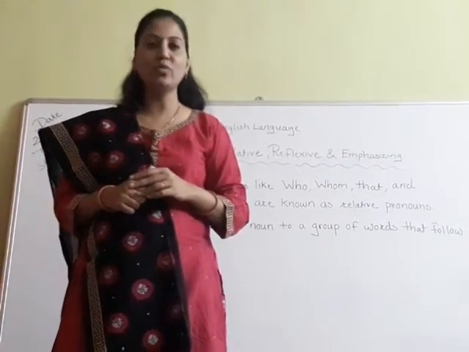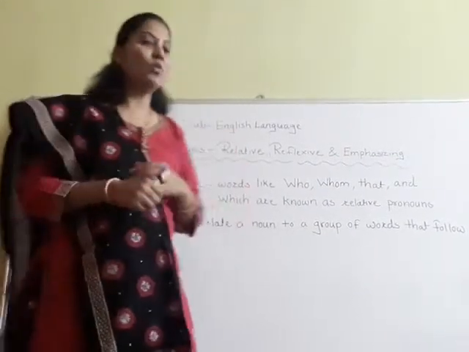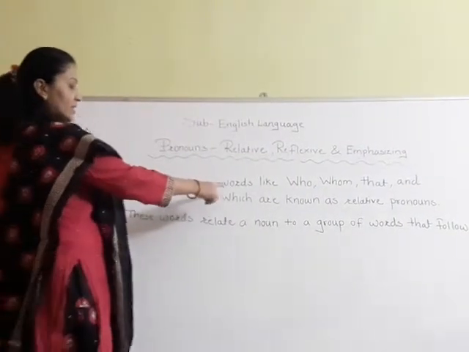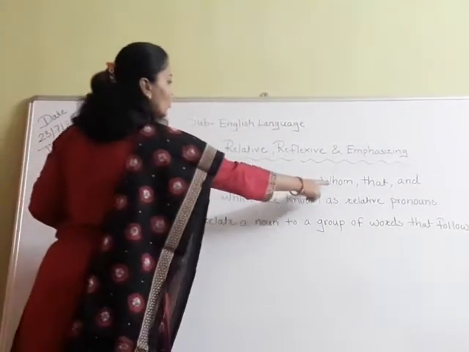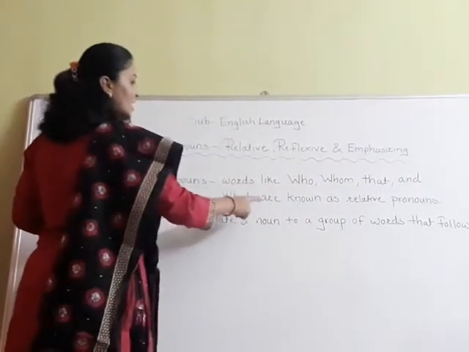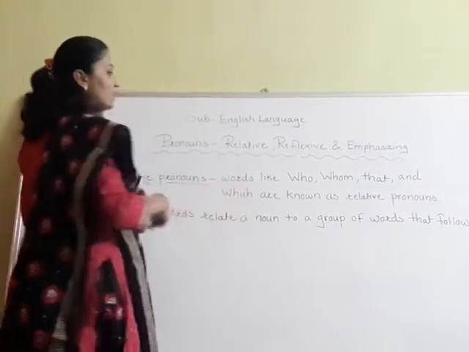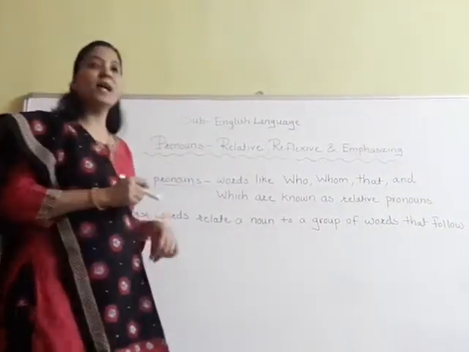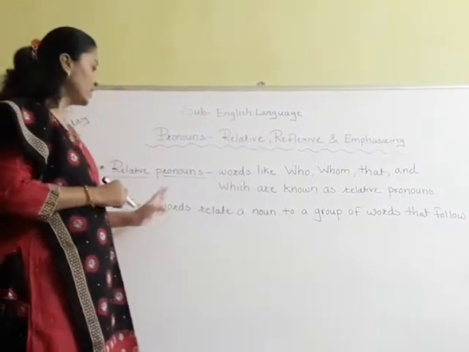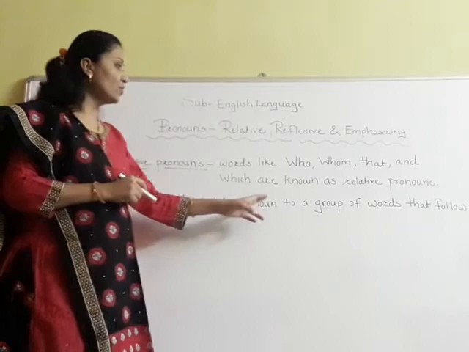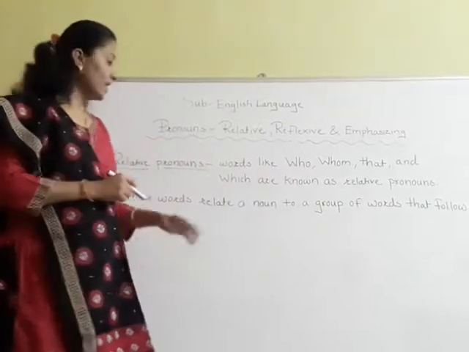of relative pronoun. Okay, so students, relative pronouns are words like who, whom, that and which. These words are known as the relative pronouns. Okay, and these words relate to a noun, to a group of words that follow.